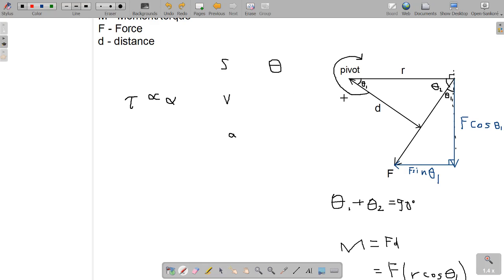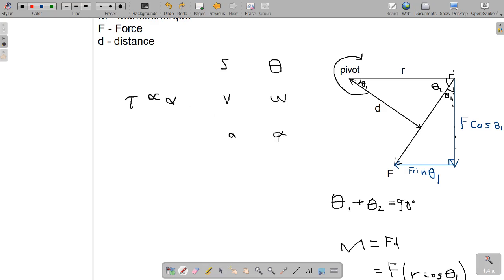Pi per second means a half revolution per second. It's normally represented by the Greek letter omega. Then angular acceleration is the change of velocity with the change in time, like pi per second squared, pi over 6 per second squared. It's represented by the Greek letter alpha.